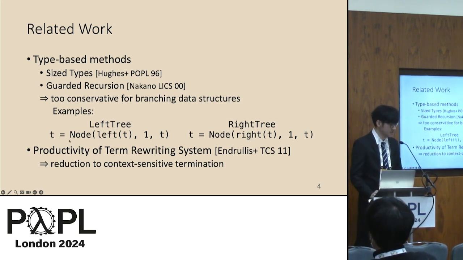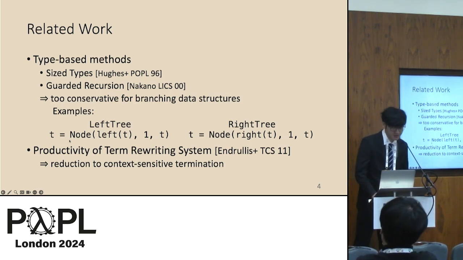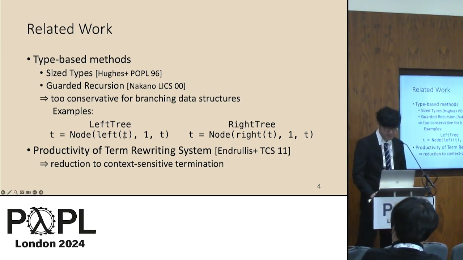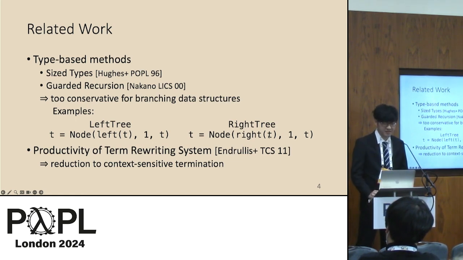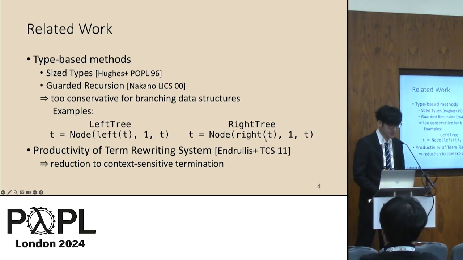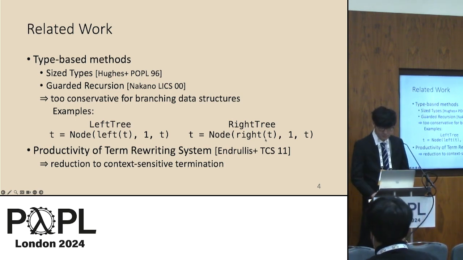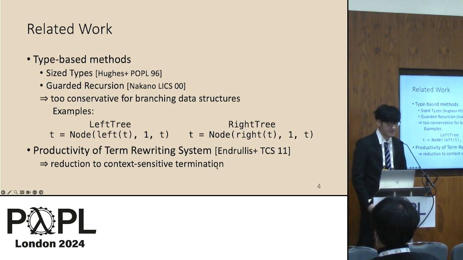Since the numbers are the same, the type-based approach rejects this definition. And this is fine because left tree is indeed non-productive. But it also rejects the definition of right tree, although it is actually productive. So previous type-based methods are too conservative.